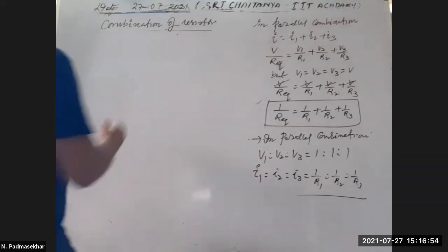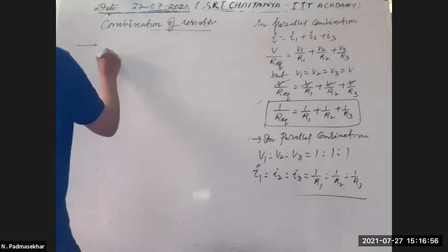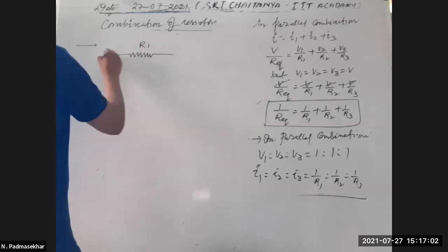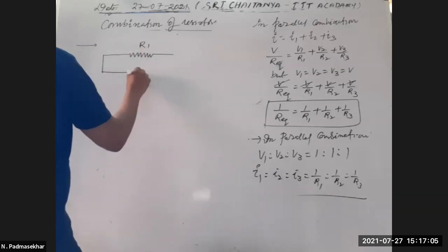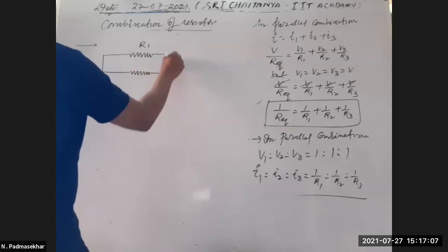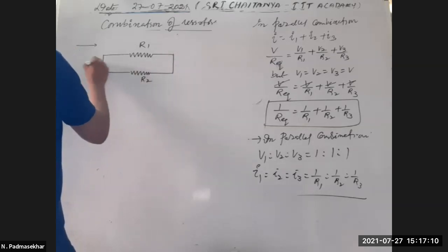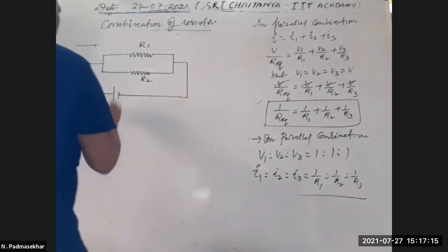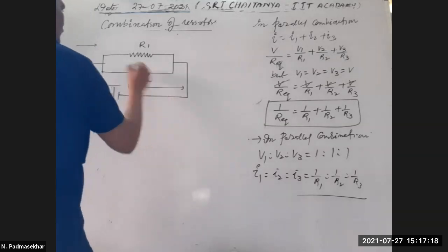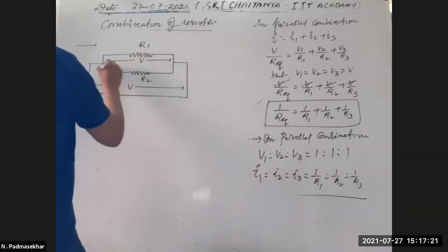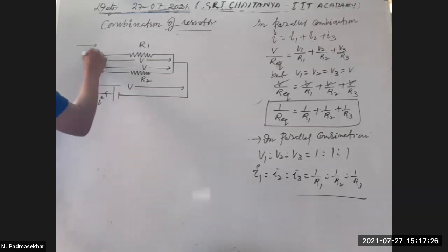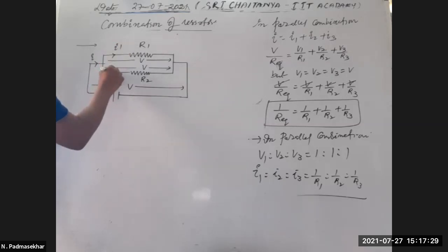Yeah, suppose here two resistors are connected in parallel. The potential is the same, but the current I, I1, I2.